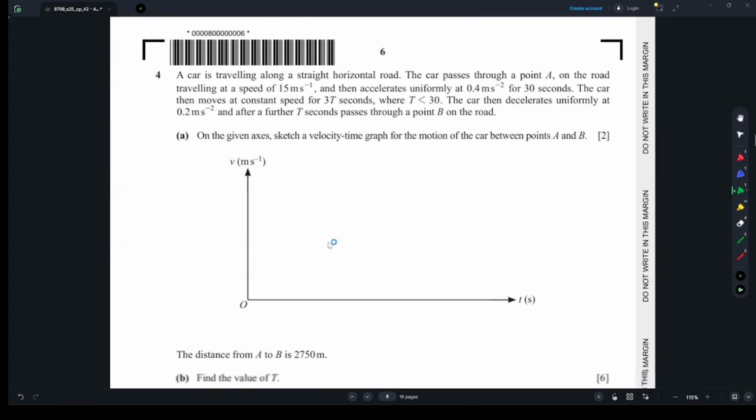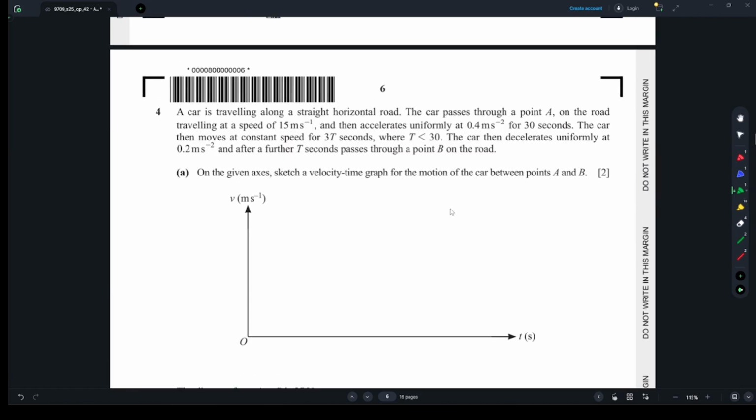Right. So let's move to question number 4. A car is traveling along a straight horizontal road. The car passes through a point A on the road, traveling at a speed of 15, and then accelerates uniformly at 0.4 for 30 seconds.